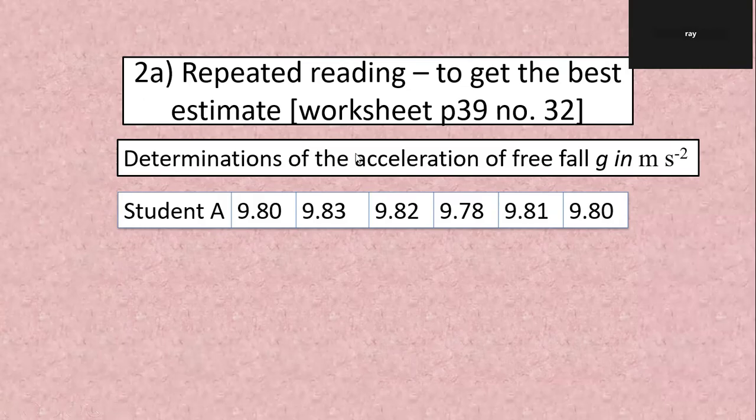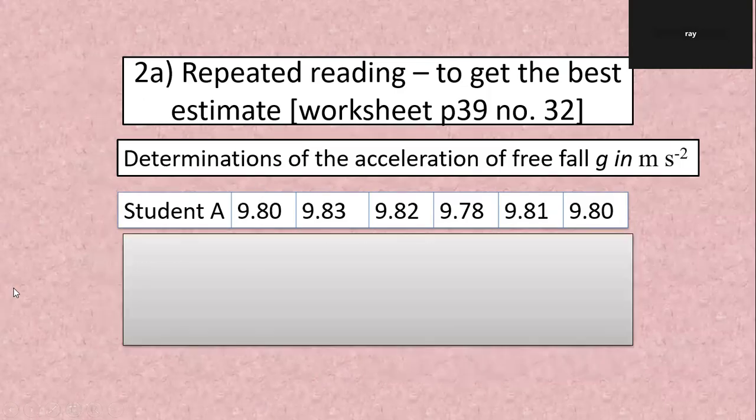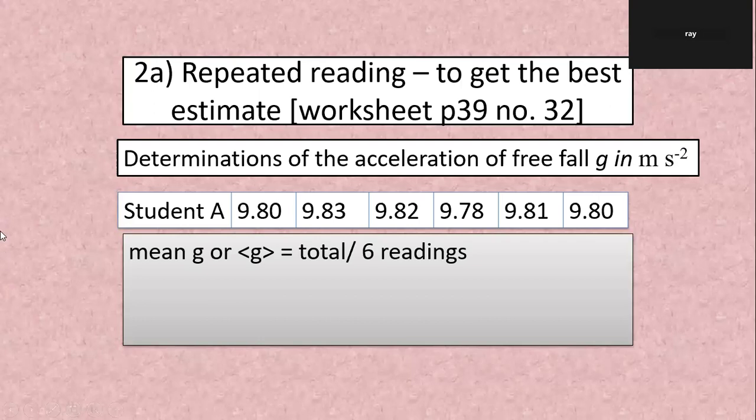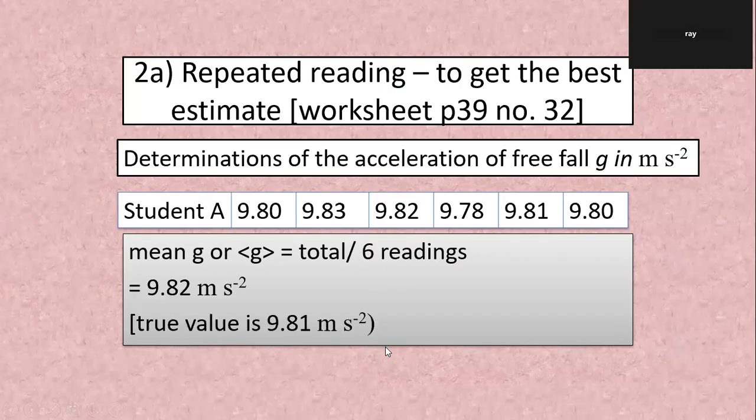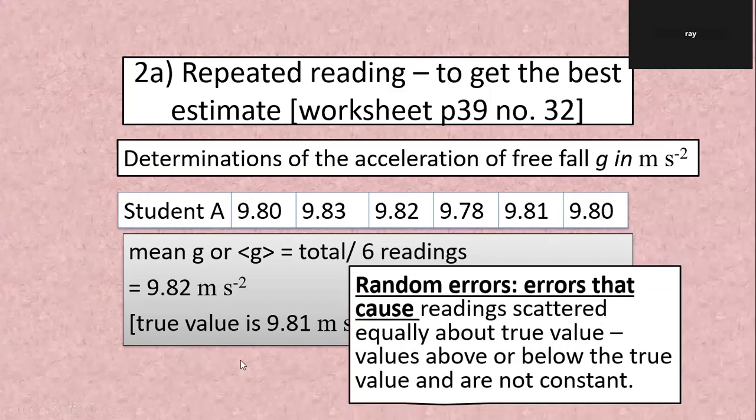A student, from a worksheet, page 39, number 32. The student measures g, and that is the value of g. The mean value, you add all of them together and divide by 6 readings, you get 9.82. The true value is 9.81. So random error: errors that cause readings to scatter equally about the true value.